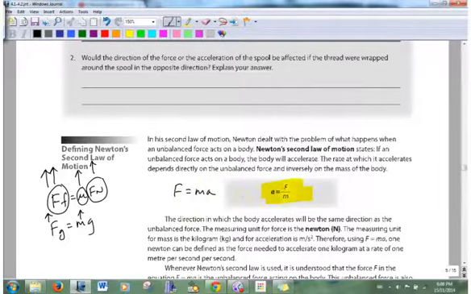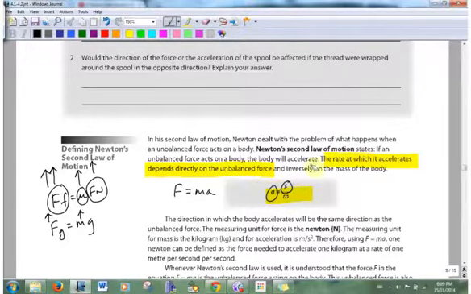Okay, but if it's in this form, let's see what this says. The rate at which it accelerates depends directly on the unbalanced force. Acceleration is directly proportional to the force. The larger the force, the faster this thing's going to accelerate.